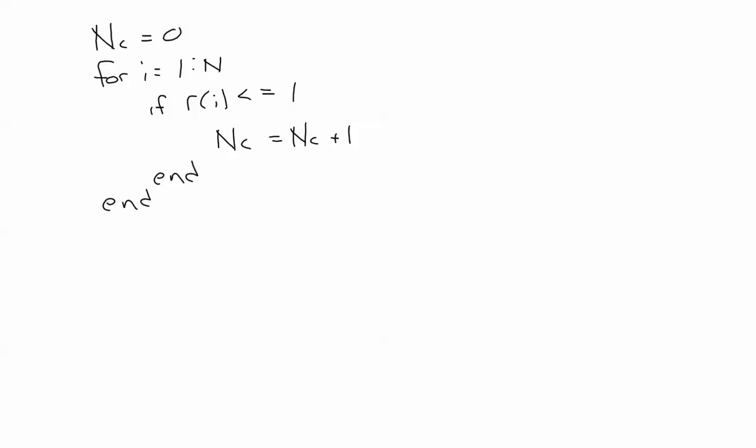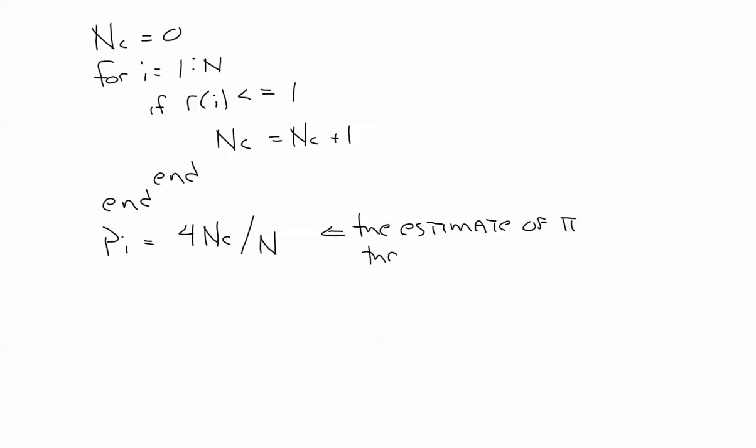All right, and then pi equals 4 nc divided by n. That'll be my estimate. This is the estimate that we seek. Okay? That's it. That's pretty straightforward.